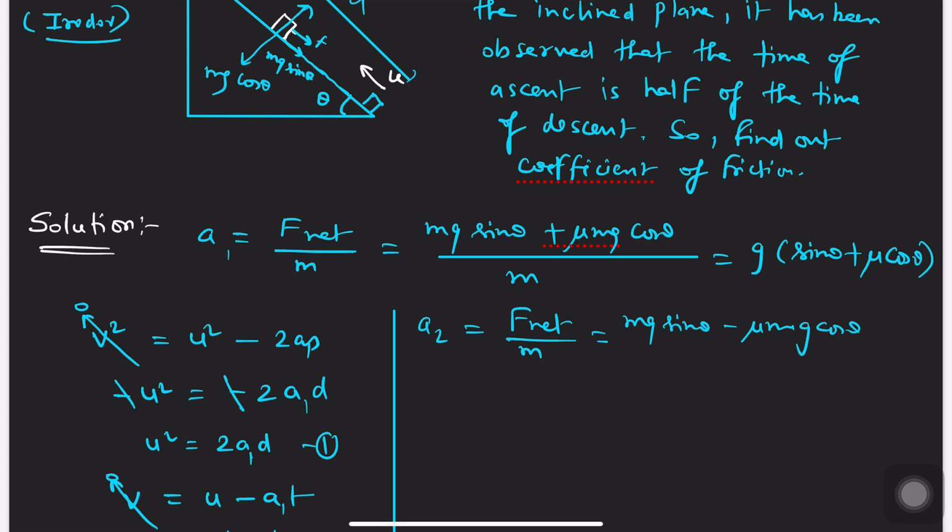So mg sin theta minus mu mg cos theta, divided by m. This will be g times (sin theta minus mu cos theta). This is your a2.